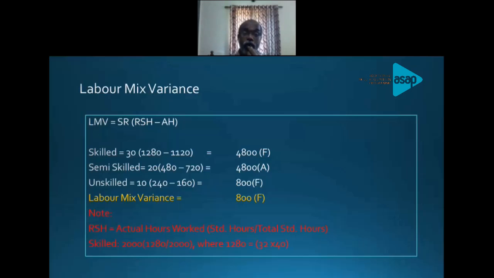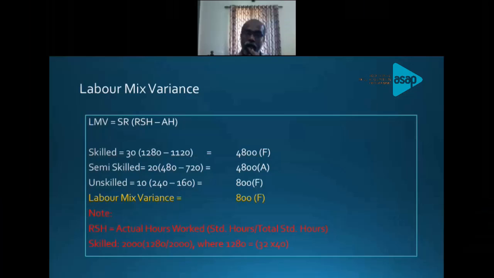And divided by total standard hours. Total standard hours should be calculated by taking into account the total number of employees as per the standard and the number of hours they have worked.